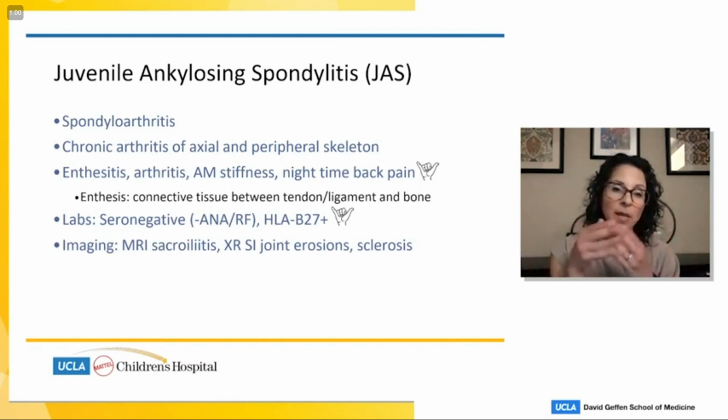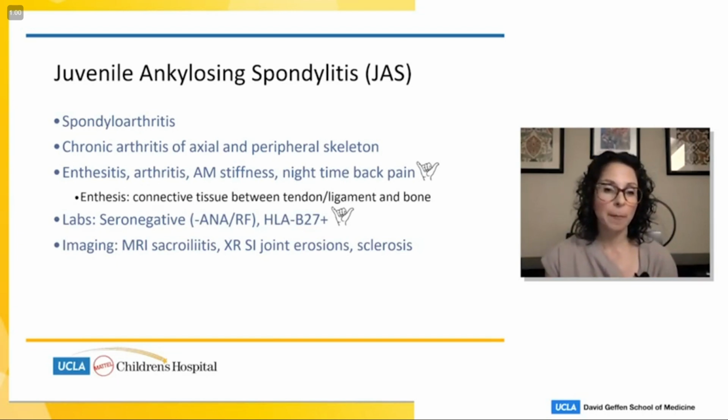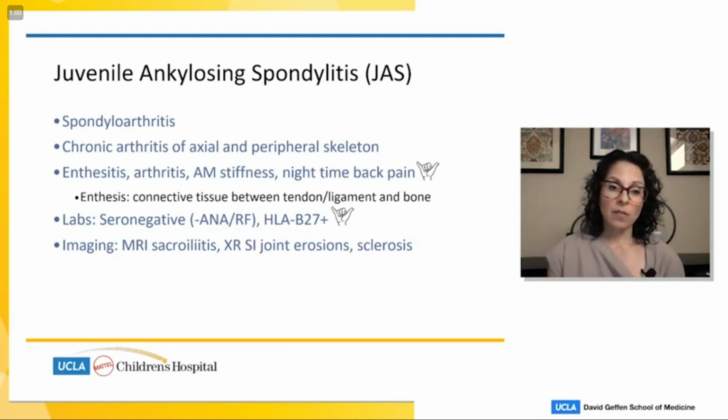Spondyloarthritis is the umbrella term, and juvenile ankylosing spondylitis is a more specific example. So this involves chronic arthritis of the axial and peripheral skeleton. By definition, you have axial involvement. Spondylo means vertebra, so axial involvement, as well as you can have peripheral involvement.